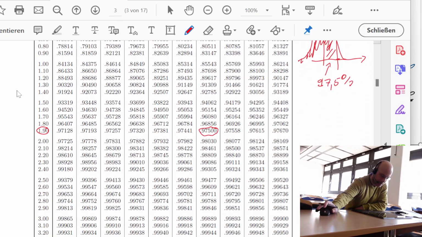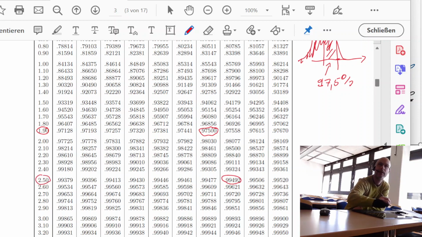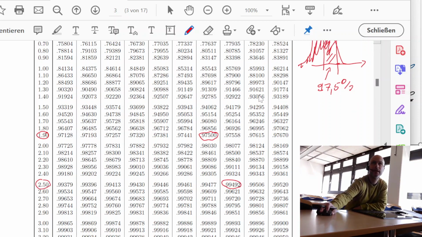And if we look this up, then we have approximately here 0.995, and this is the 2.5 here.